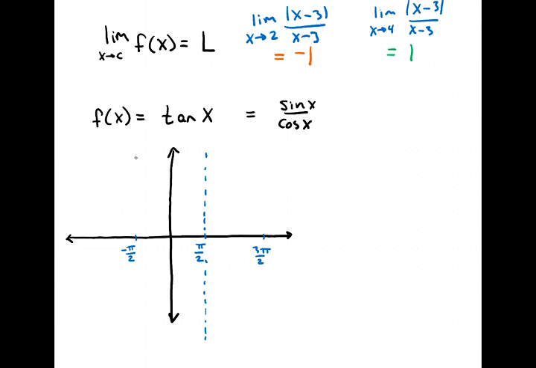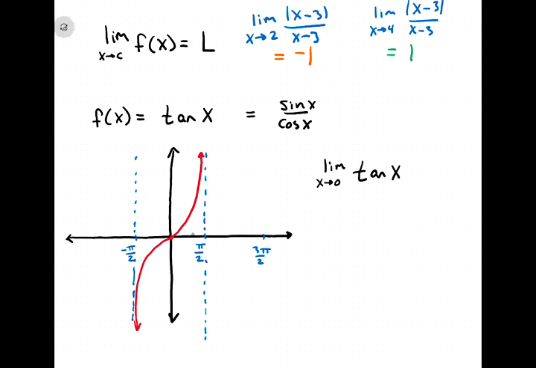So let's actually draw one cycle of the tangent function, and the tangent function looks like this. So if we were to look at the limit as, let's say, x approaches 0 of the tangent of x, well, that's fine.